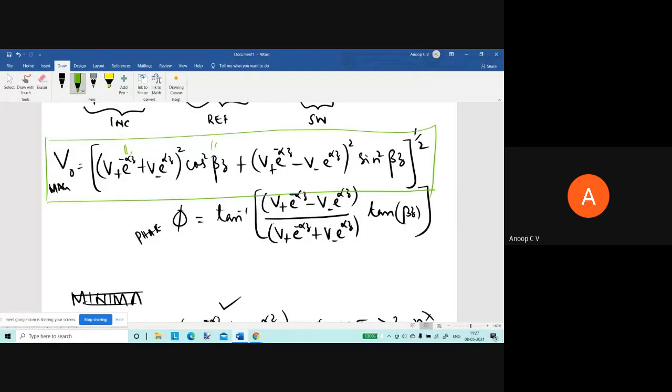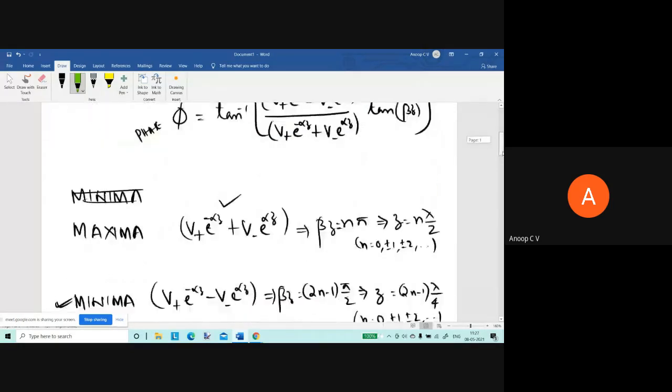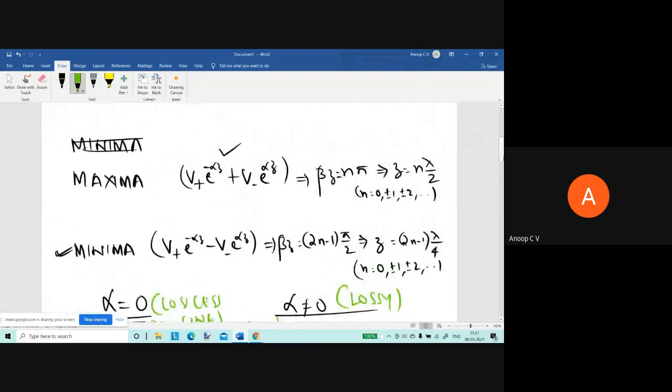We also obtained expressions for the maximum and minimum value. The maximum can be written as V plus e power minus alpha z into 1 plus mod of gamma, and the minimum as V plus e power minus alpha z into 1 minus mod of gamma.